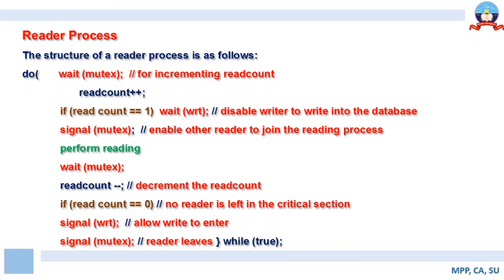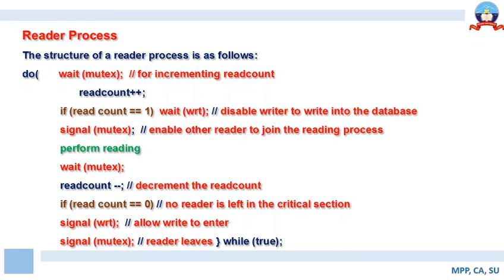Eventually, if read count is equal to 0, that means there is no reader left in the critical section. Then I can allow the writer to enter the critical section. In order to facilitate that, I'll implement a signal on WRT, right? Okay, so initially writers were blocked with the help of wait on WRT.